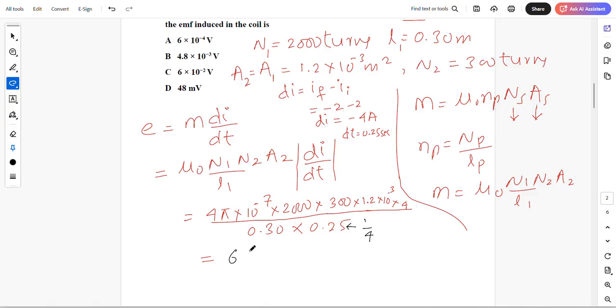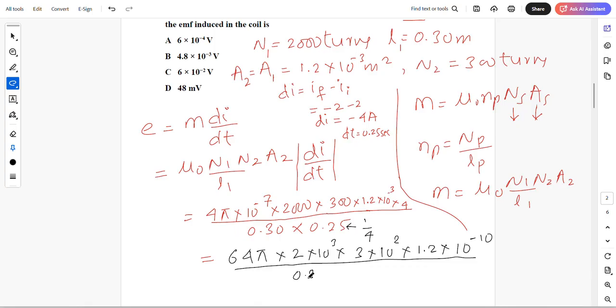So 64 pi, into 2 into 10 to the power of 3 into 3 into 10 to the power of 2, into 1.2, into 10 to the power of minus 3 minus 7, which is minus 10, divided by 0.3.